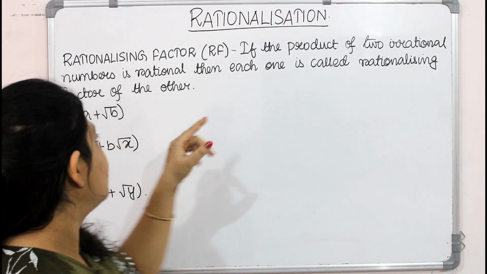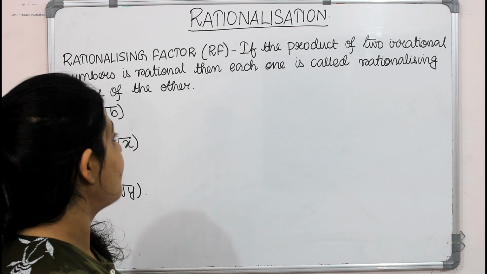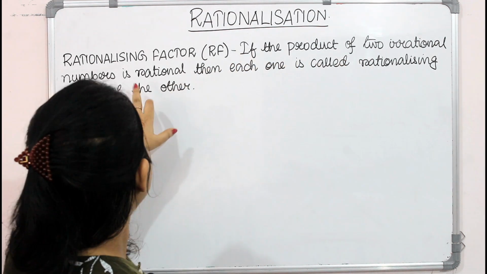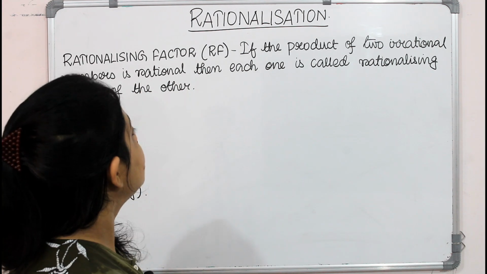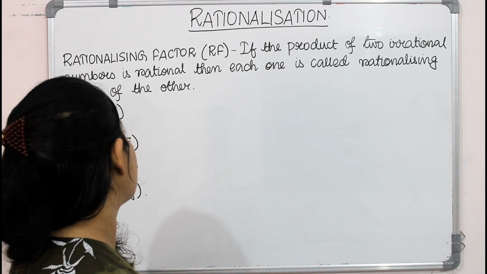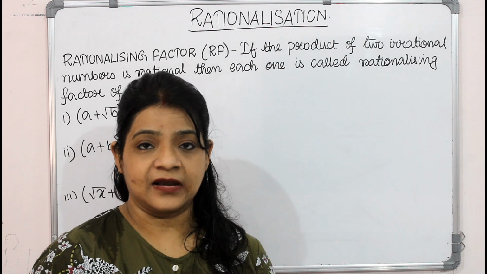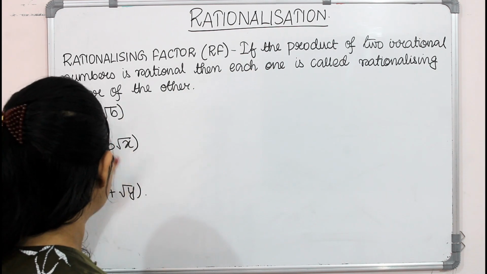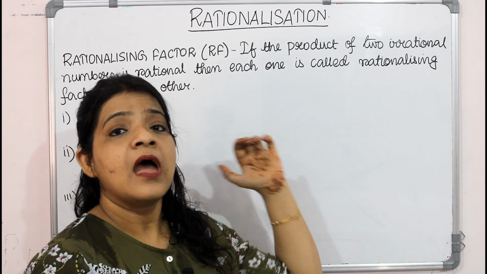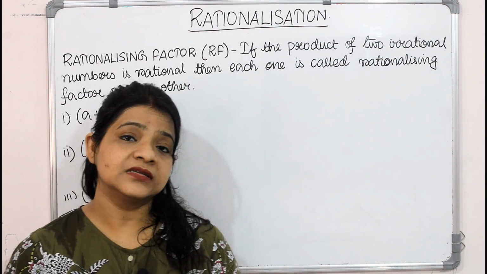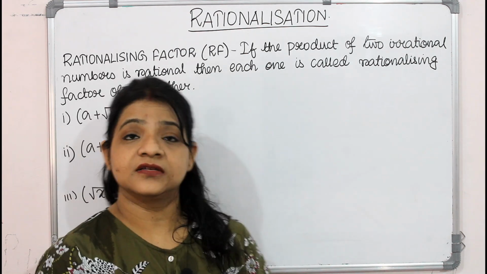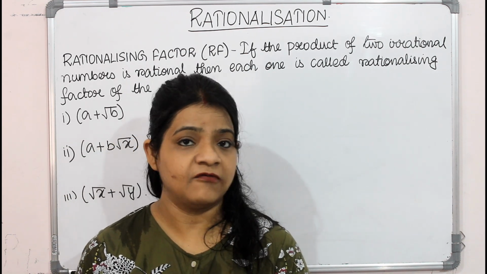This is the definition of rationalizing factor: if the product of two irrational numbers is rational, then each one is called the rationalizing factor of the other. Now what does that mean? There are three examples given to you, and from those we will find the rationalizing factor and try to understand the definition.